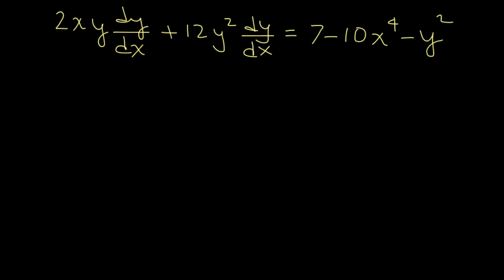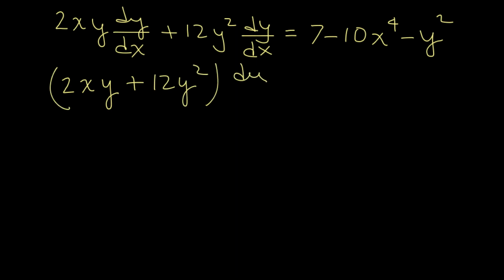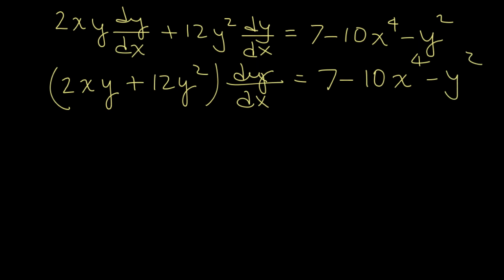Okay, let's finish this by factoring out the dy/dx. So we get 2xy plus 12y^2, all of that times dy/dx, that's a common factor, is equal to 7 minus 10x^4 minus y^2.